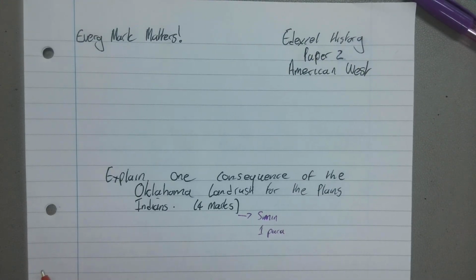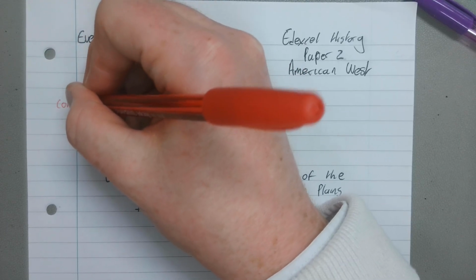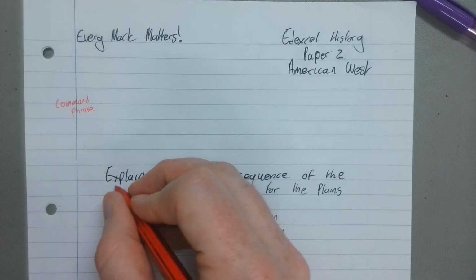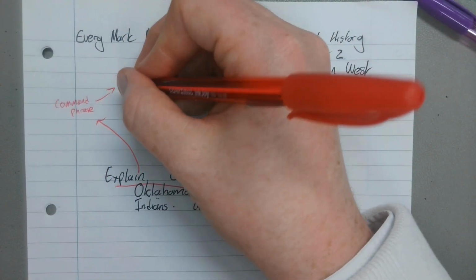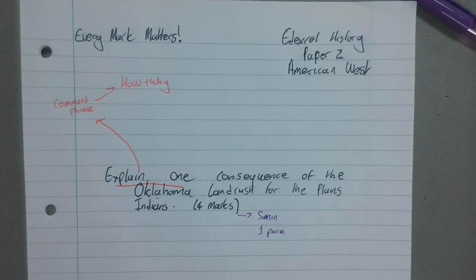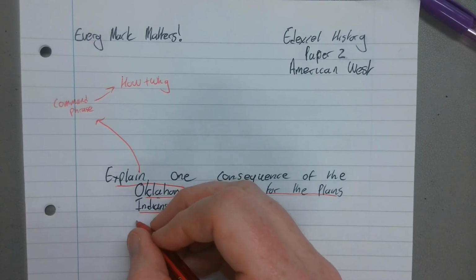Again, let's super quickly break up the components of this question. So a command phrase is explain one. What you are doing there is you're explaining how and why. Our focus of this question is Oklahoma land rush for Plains Indians.